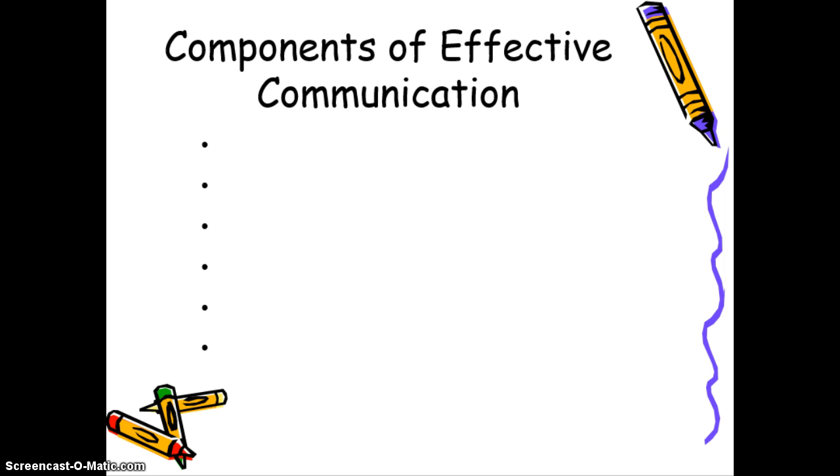As far as components of effective communication, touch is a powerful means of communication, but you always need to consider the cultural aspects of that as well. But with touch, you can use supportive techniques, you can use comfort, it offers reassurance. With physical proximity and environment, keep in mind the child's perspective of the environment.